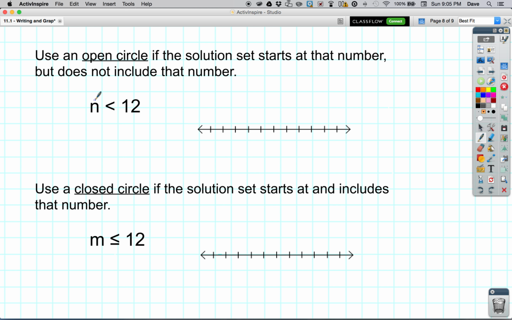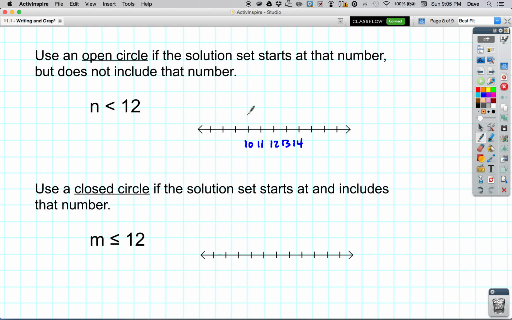All right, and so that's one of the big things with graphing inequalities, is that an open circle represents a solution set that starts at that number but doesn't include that number. So in other words, right here, the number is 12. And let's put a few more numbers in. I usually like to go at least 2 numbers to the left and 2 numbers to the right of the key number, which in this case is 12. And so I want to show all the numbers that are less than 12, but not 12 itself.